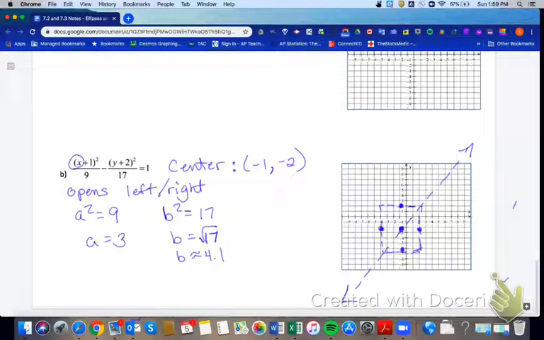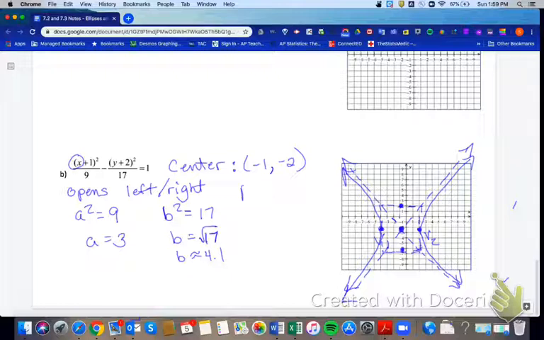Remember, these are the diagonals of the rectangle. Your vertices were to the left and right of the center, so there's vertex 1, here's vertex 2. One side of the hyperbola is going to open to the right following the asymptote lines. The other is going to open to the left following the asymptote lines.